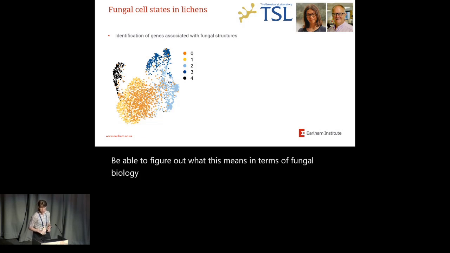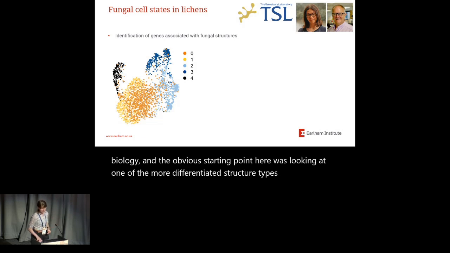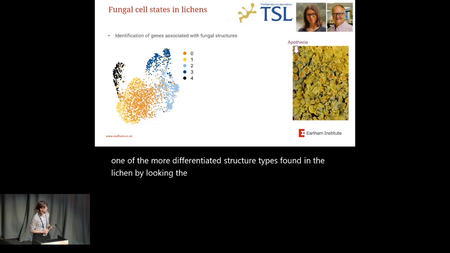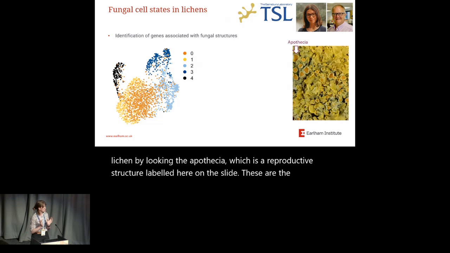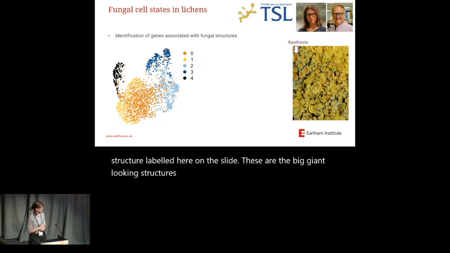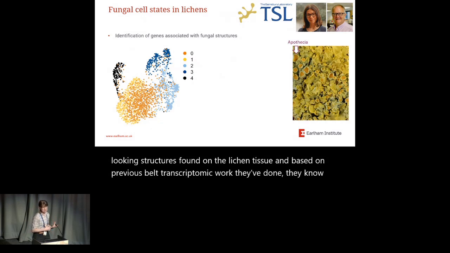The obvious starting point was looking at one of the more differentiated structure types found in the lichen: the apothecia, which is a reproductive structure labeled here on the slide. These are the big germ tart-looking structures found on the lichen tissue. Based on previous bulk transcriptomic work they've done, they know what genes they expect to find in this tissue.